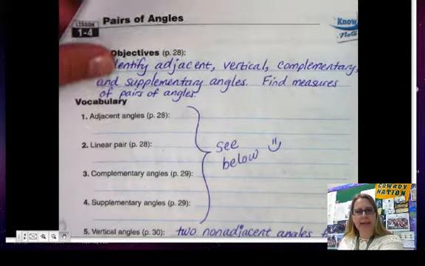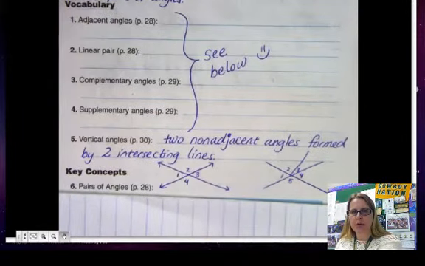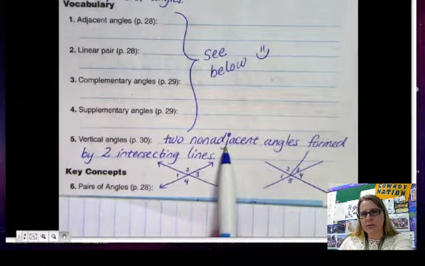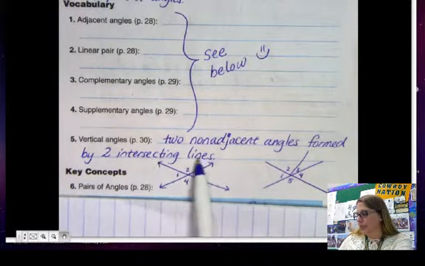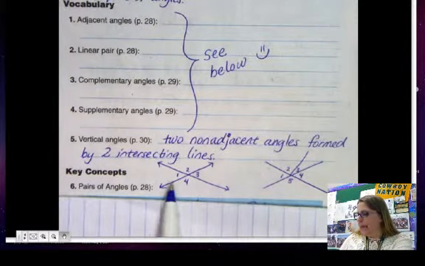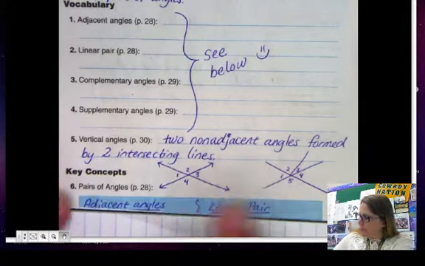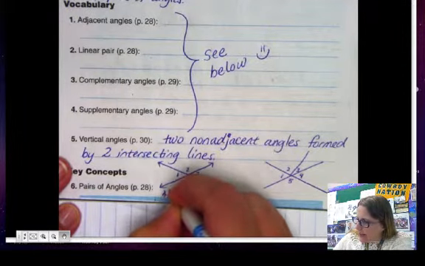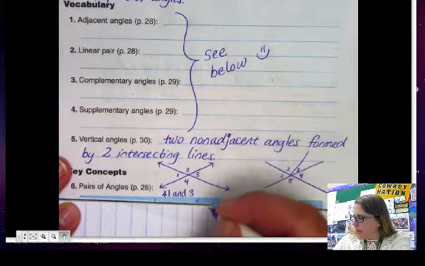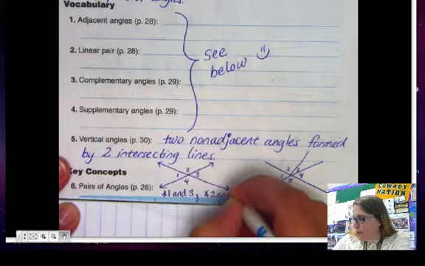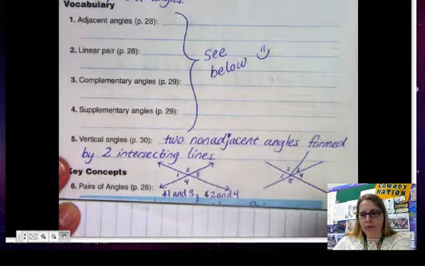Secondly, vertical angles. I wanted to show you vertical angles. Vertical angles are two non-adjacent angles formed by two intersecting lines. So for example, in this picture right here, my vertical angles are angles 1 and 3, and also angles 2 and 4 are vertical.